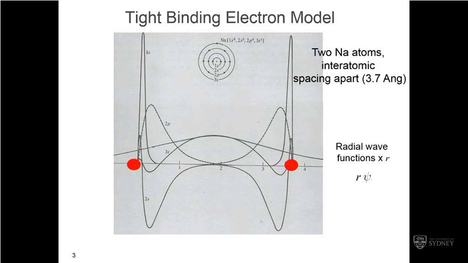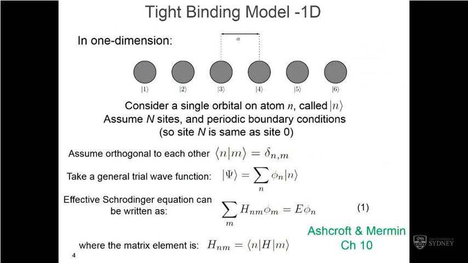Okay, so now we have to sort of think about modeling this kind of situation. And so what we're going to do here is assume just one dimension for a start. So these represent your atoms, and we are going to consider just a single orbital on each atom n, represented by these numbers here.